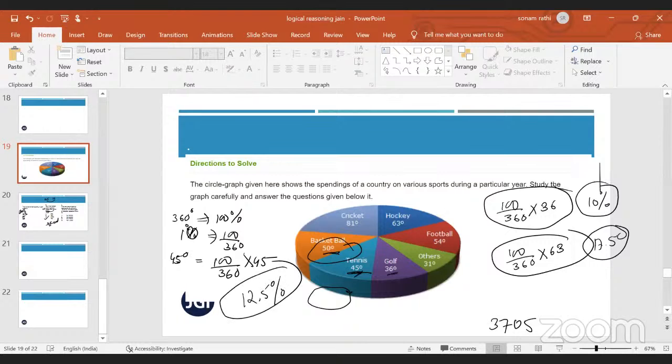So basketball is 50 into 100 by 360, 13.8%. Okay, 13.8%, 12.5%.